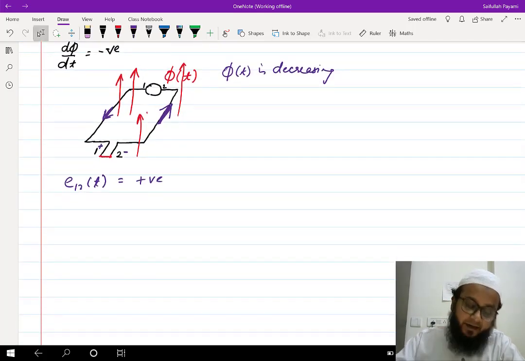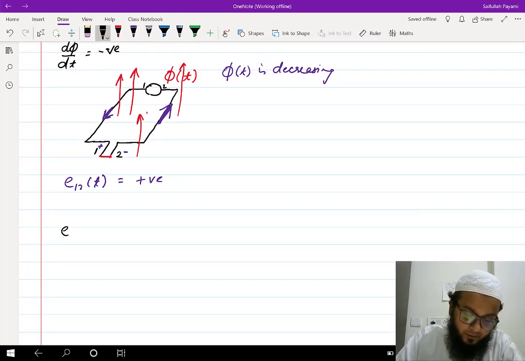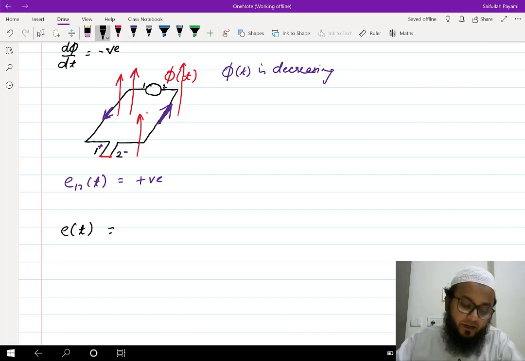Also, from Faraday's law, E of t, instead of writing E12 of t, I am just writing E of t here, is minus d phi by dt.